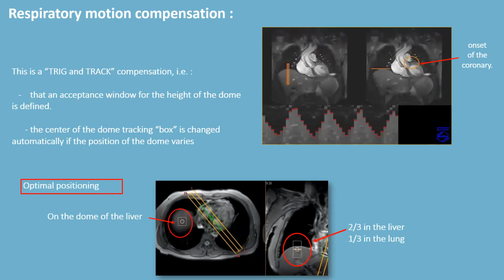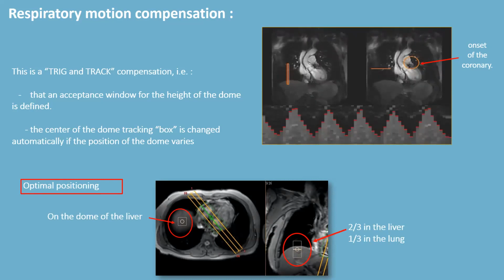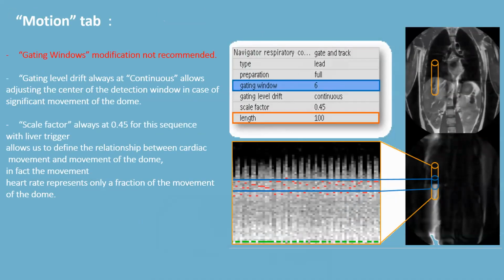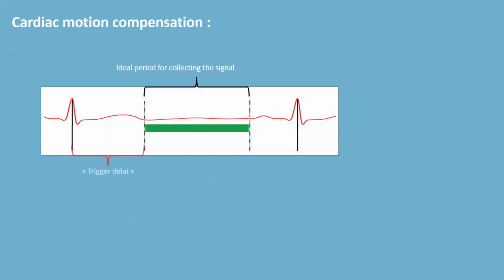We can see here the dome of the liver, and some parameters such as the gating window. Modification in the gating window is not recommended, but sometimes we can modify the scale factor or something like this, for example the length or the trigger on the liver. Here we can get the signal, the ideal period for collecting a signal.